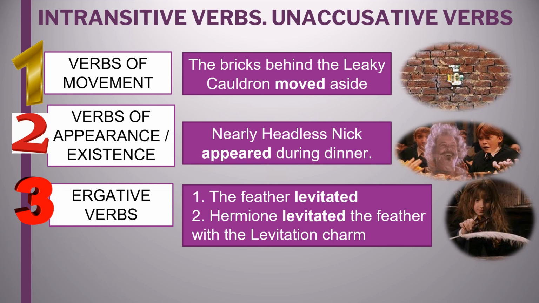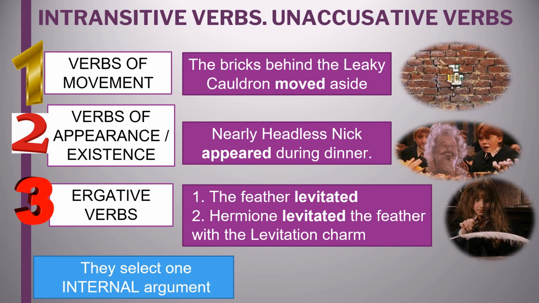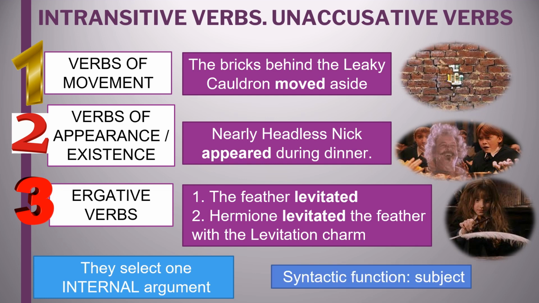Observe that even though the verb can be used as a transitive verb, as shown in 2, Hermione levitated the feather, when the focus is on the change of state or position, the verb becomes an unaccusative one, and its sole argument is an internal one. So in all cases, they select one internal argument, and this internal argument occupies the subject position.